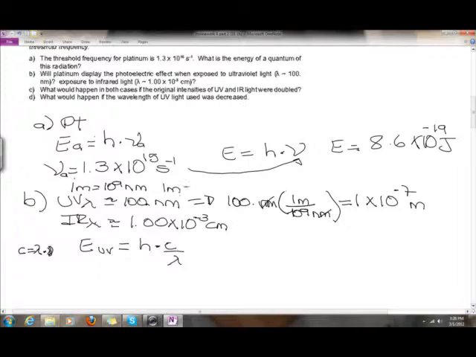And 1 meter is equal to 100 centimeters. So what I start with is converting to meter. So it's 1 by 10 to the minus 3 centimeter. Let's convert it to meter.